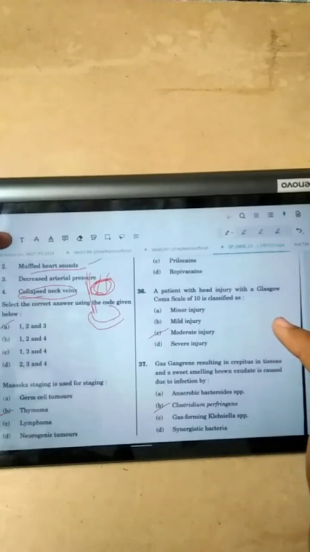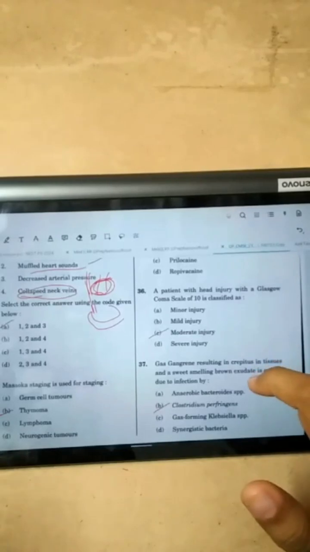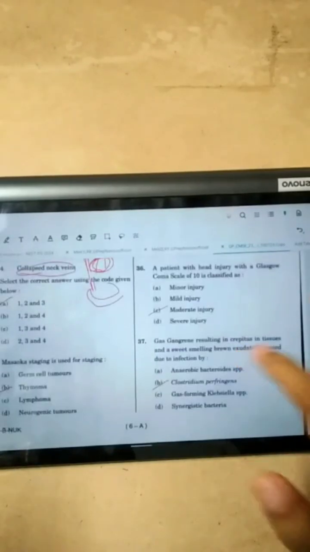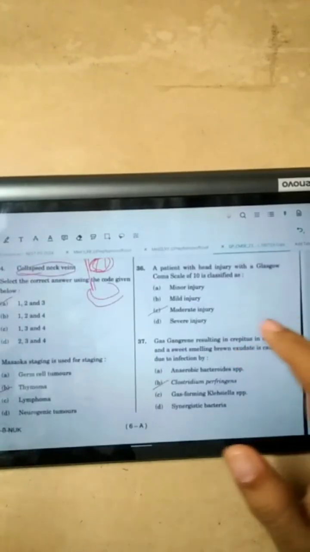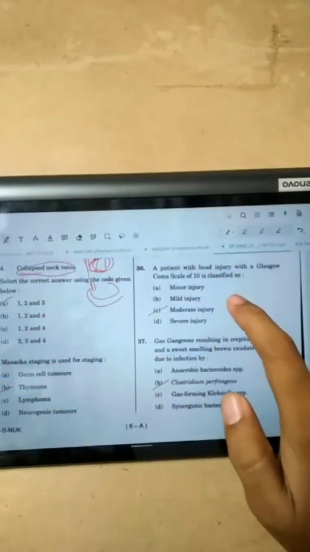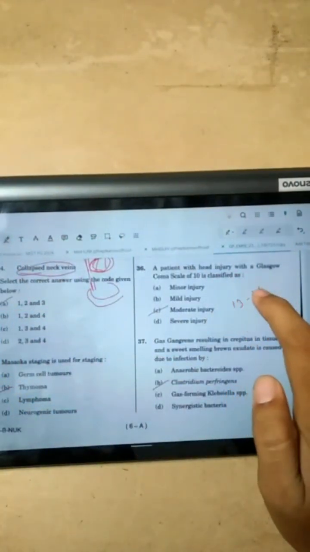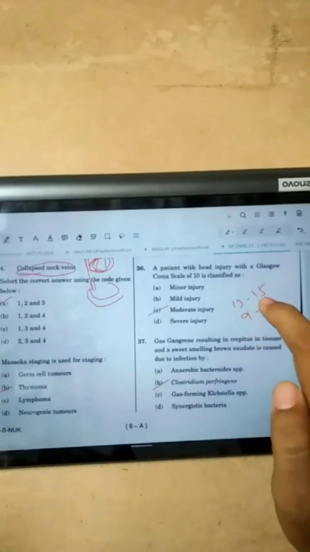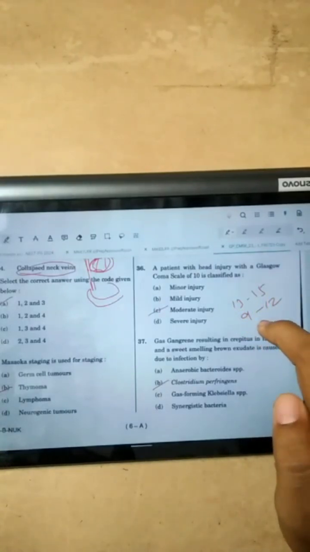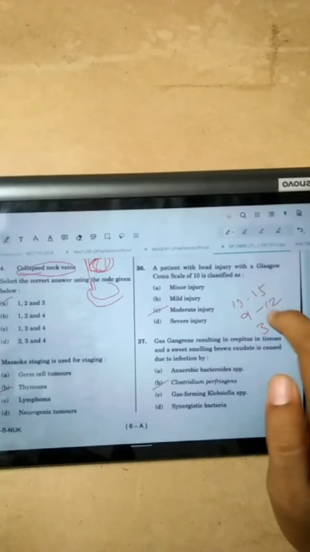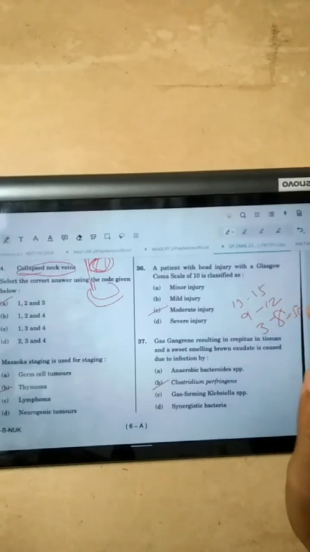Again, one more. Longest acting local anesthetic agent, bupivacaine. GCS of 10 is classified as. So GCS mild is 13 to 15, then 9 to 12 is moderate, severe is 3 to 8. This is moderate.